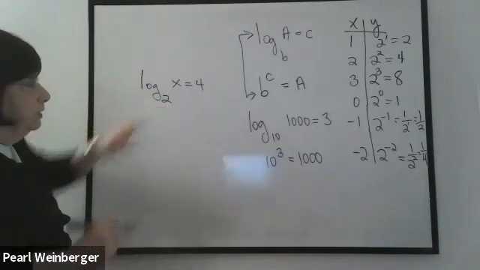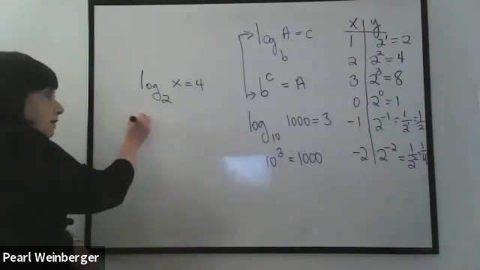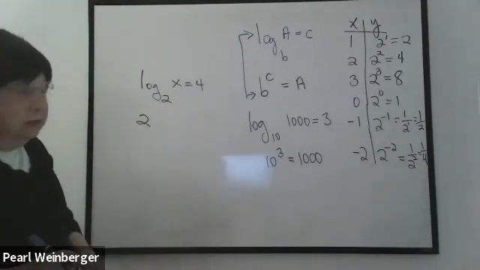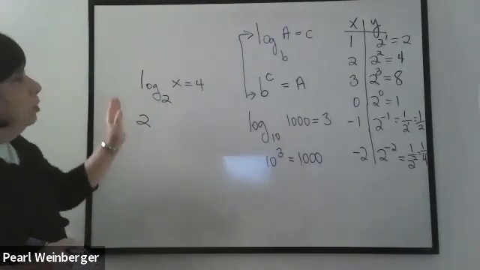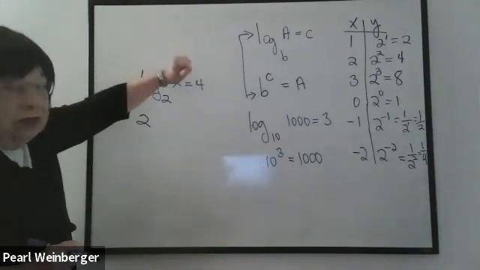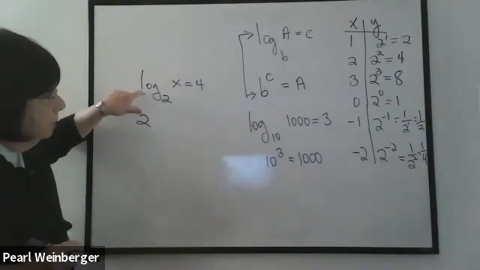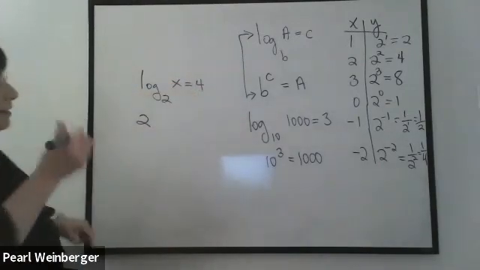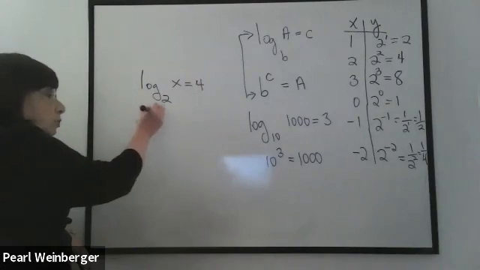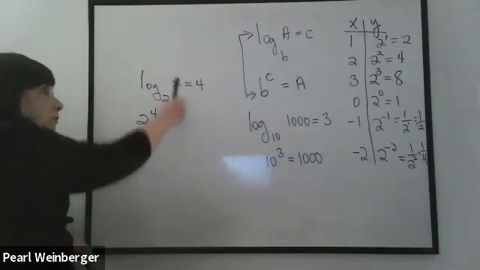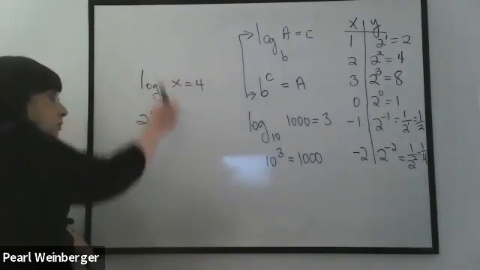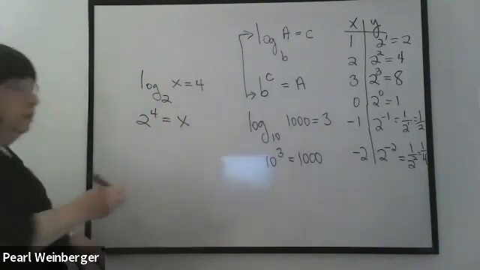Remember, the subscript is the number that's going to have the base. So 2 is going to be our base. The exponent is always the number on the other side of the equal sign, the thing that the log, which remember log means exponent, is equal to. In this case, the exponent is 4. That always equals the number that's next to the word log, which in this case we don't know, it's x.